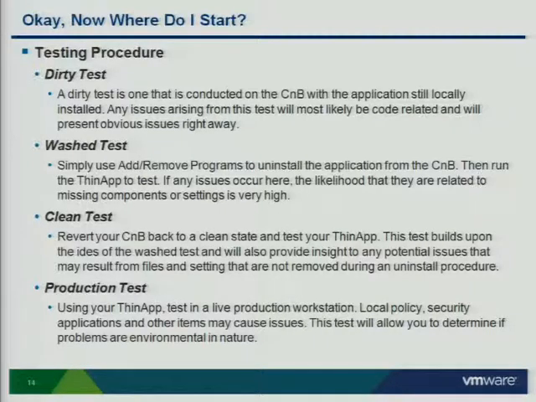And then, of course, there's the production test. And that's usually where people go to. They go straight to a production test, right? Well, the problem with a production test is that if you pass the clean, run the app, everything works as you expect it to, and you put it in a production environment and it fails, what do you think the problem is? It's environmental. Yeah. And when it's environmental, it could be anything, right?